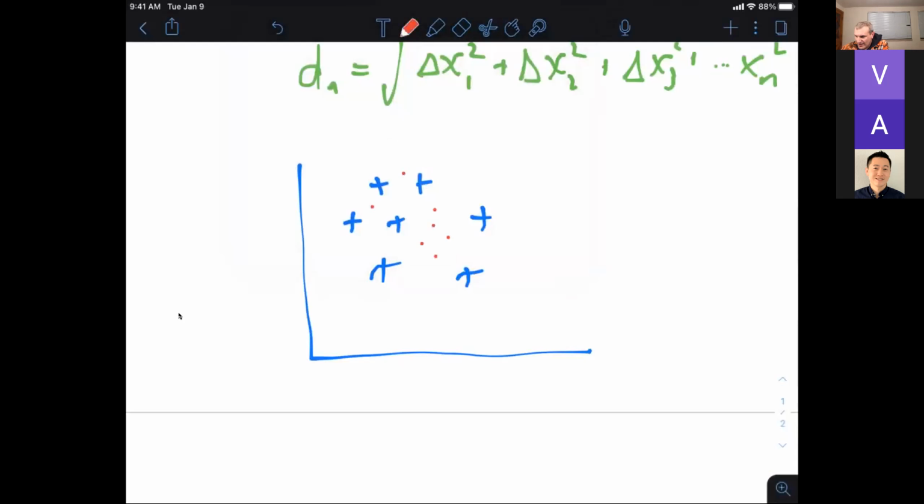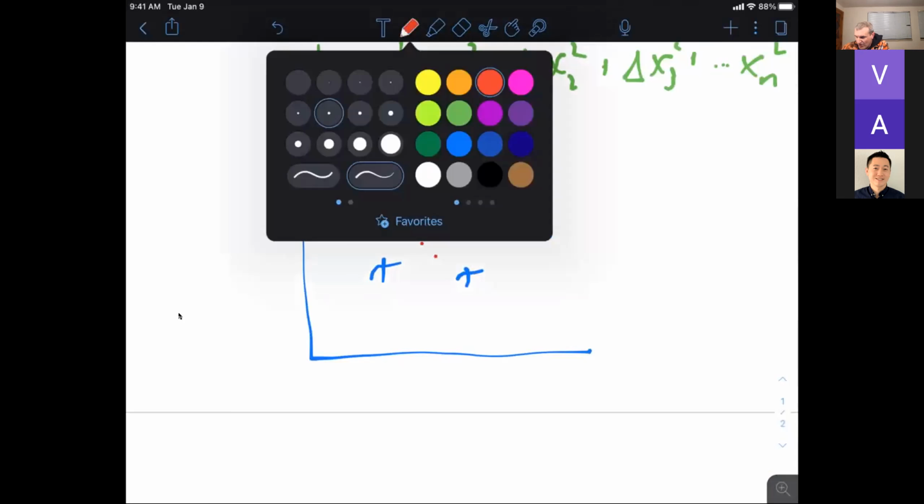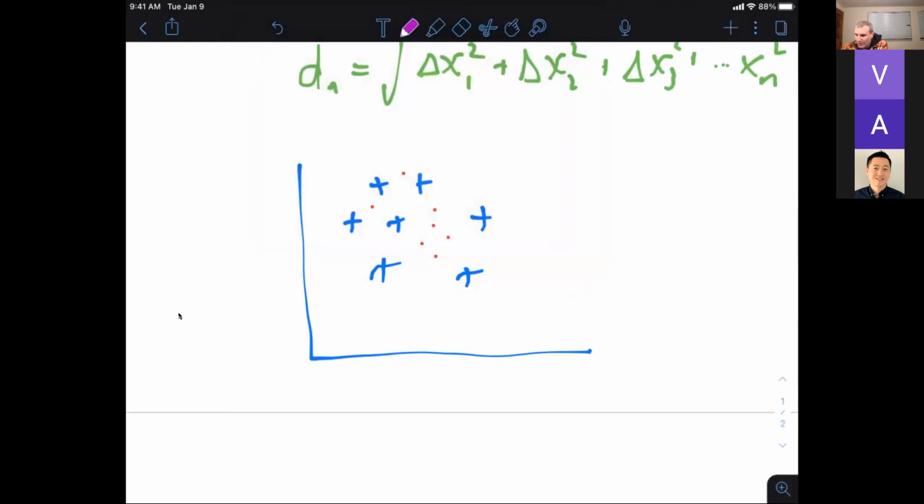And for your K, you're going to start calculating the distance between all of these individual points. You're going to pick a point. If K is equal to 2 or 3 or 4, or you can even do 1, you're going to look at your nearest neighbor. So if K is equal to 1, like this guy here, this here might be the nearest neighbor. And you say, okay, I don't know who I am, but this guy right here is a plus. So I think I'm a plus.